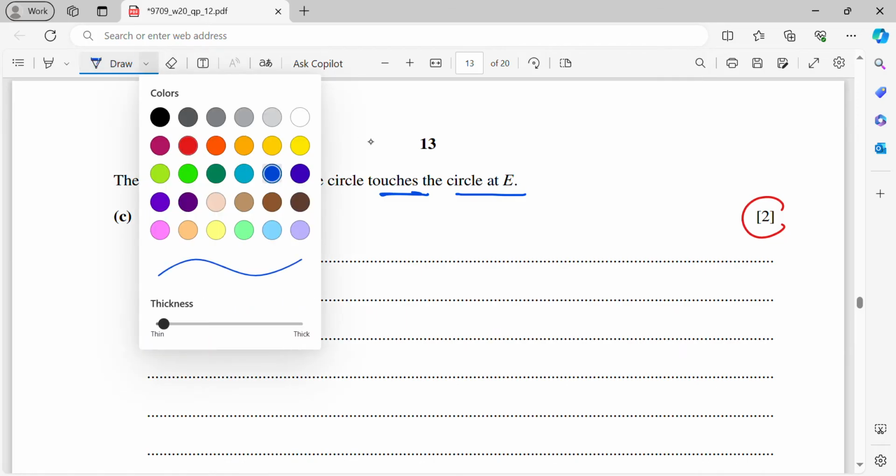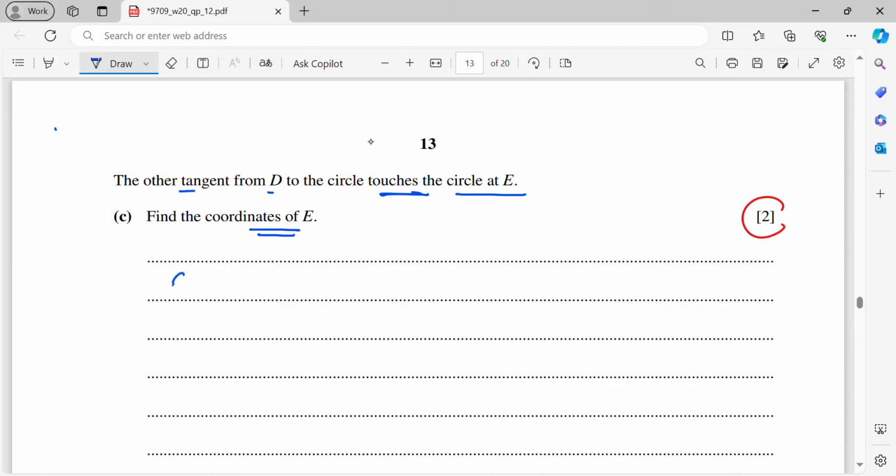So point C is 11, 4 to point D 5, 16, so the X is minus 6 units, then the Y is plus 12.